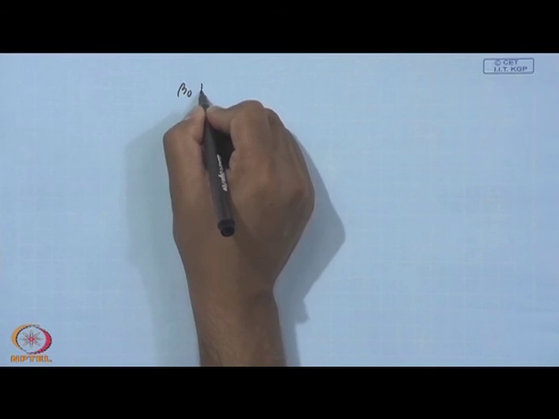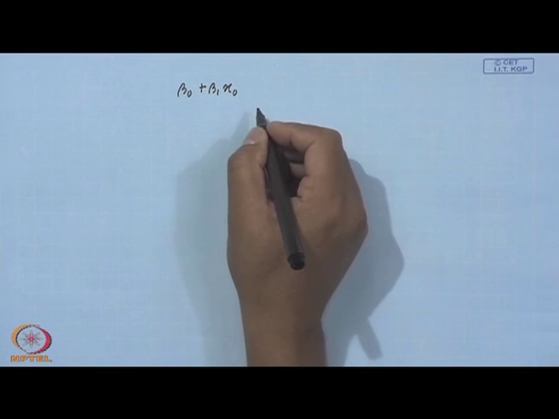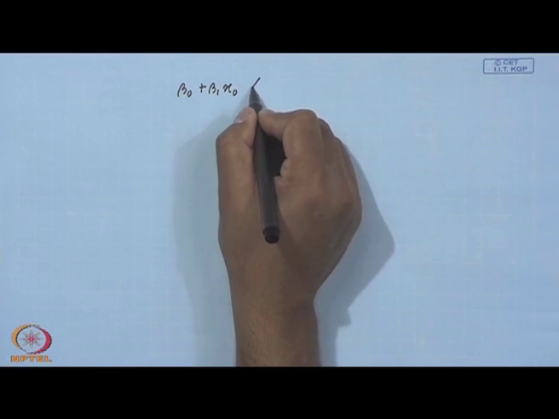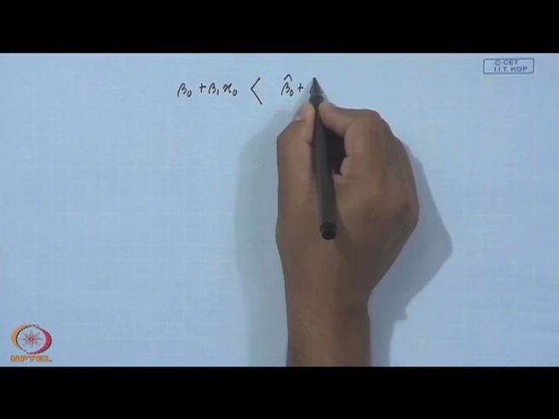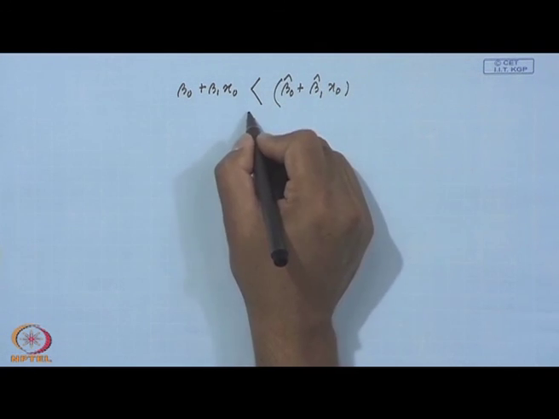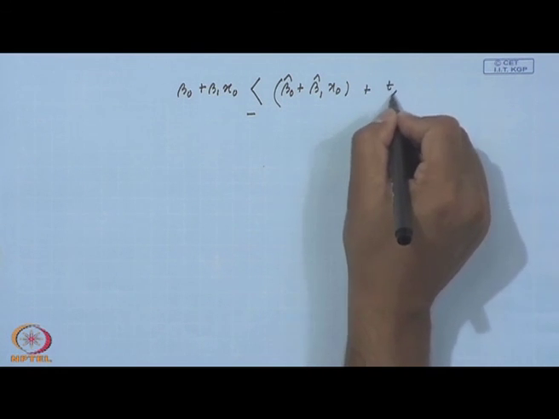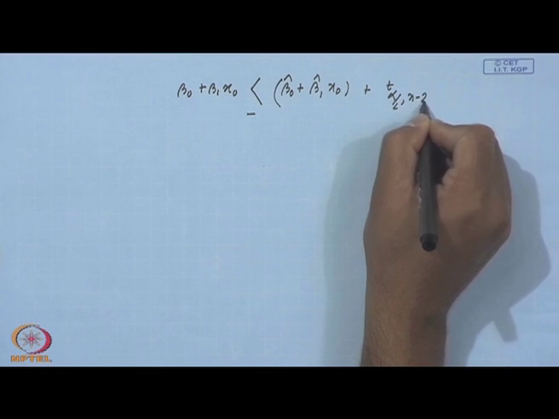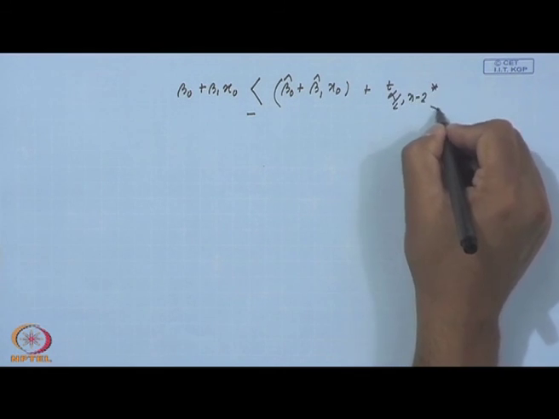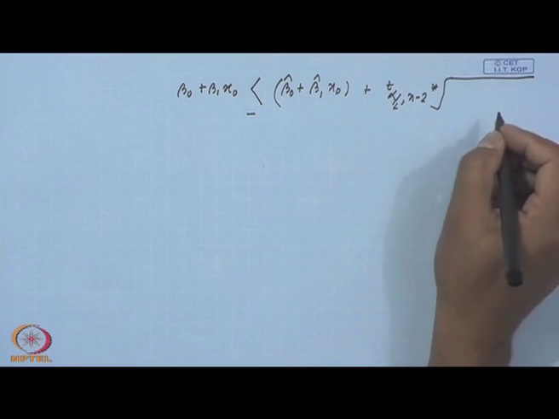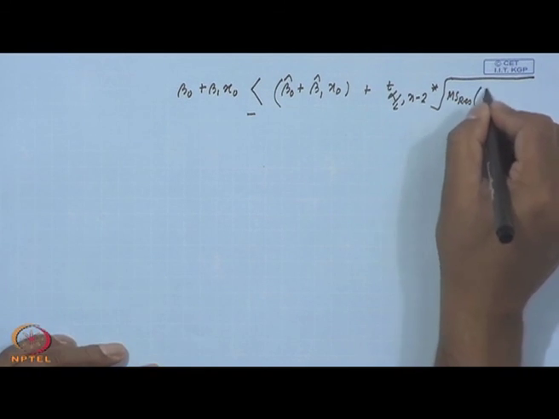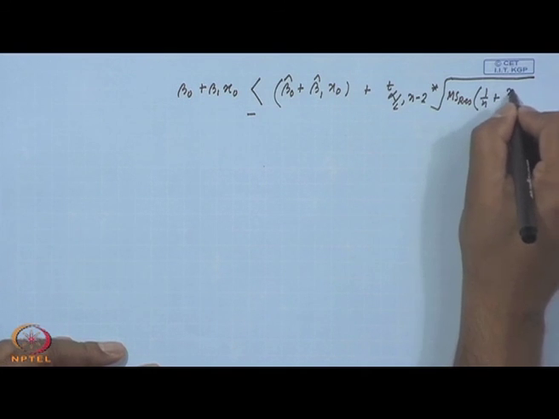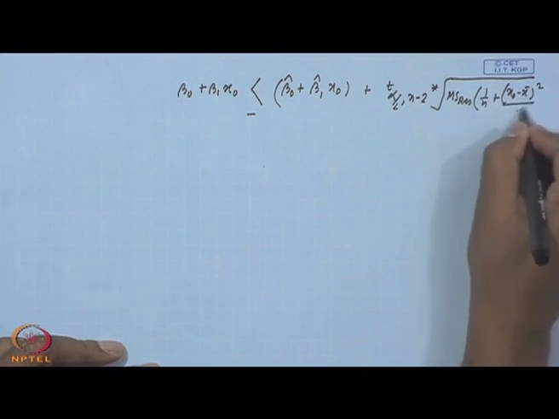So, what we will get from there is that beta naught plus beta 1 x naught is less than beta naught hat plus beta 1 hat x naught plus t alpha by 2, n minus 2, and then the standard error of this one, that is, the square root of MS residual times 1 by n plus x naught minus x bar whole square by S x x.